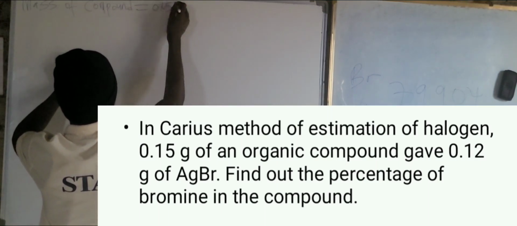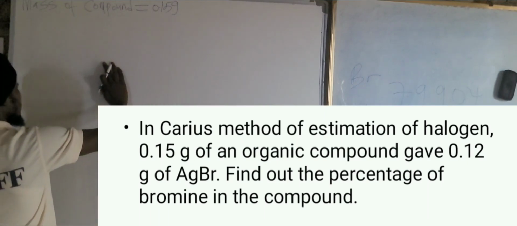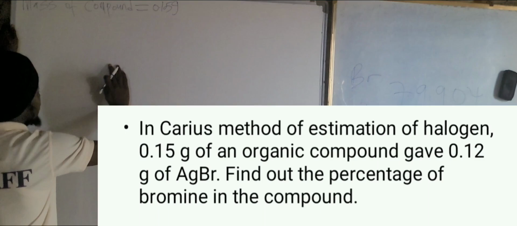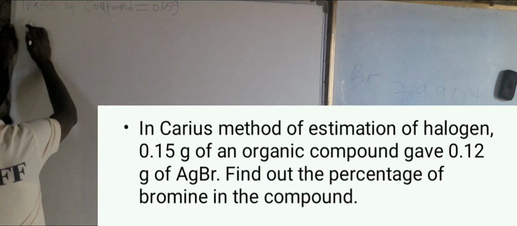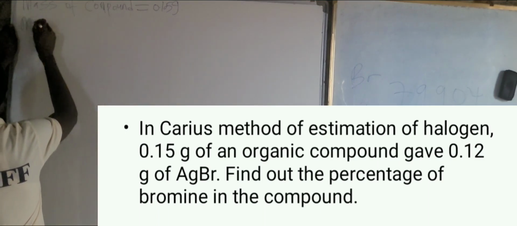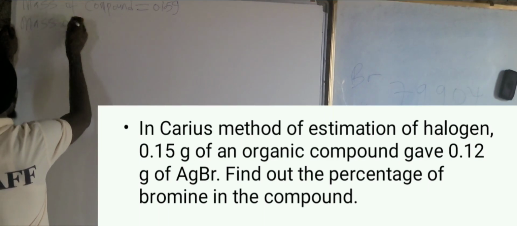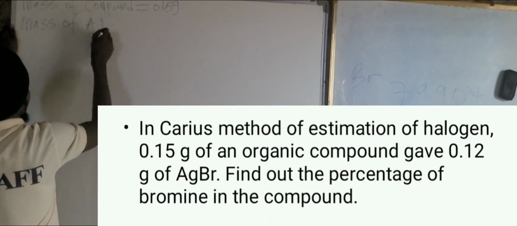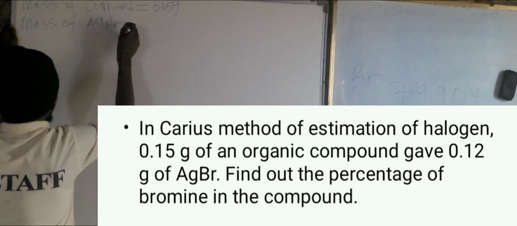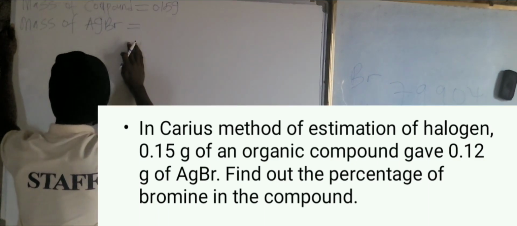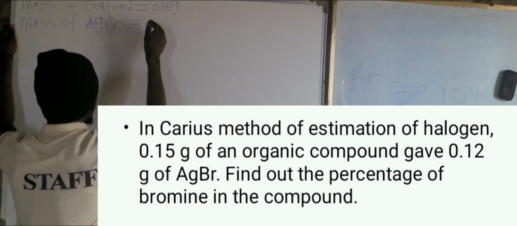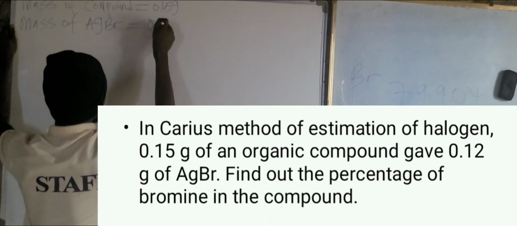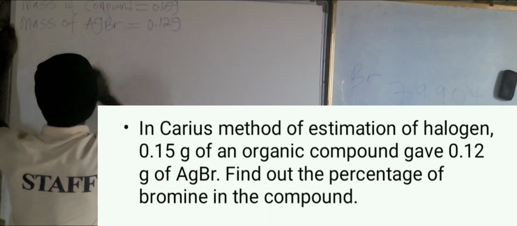Yes, sir. Gave 0.12 gram of AgBr. Mass of silver bromide is equal to 0.12 grams.